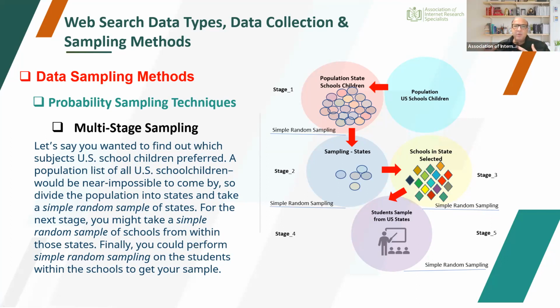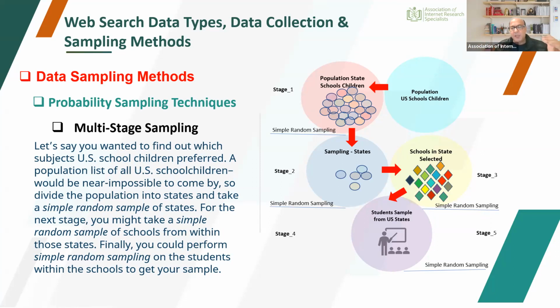and you have to use a technique called multi-stage sampling. In the first sampling, you will do separate or be selective about population, about states, like how many of the states you will be selecting. Or basically from the schools, it is saying to separate them into different districts or different states.